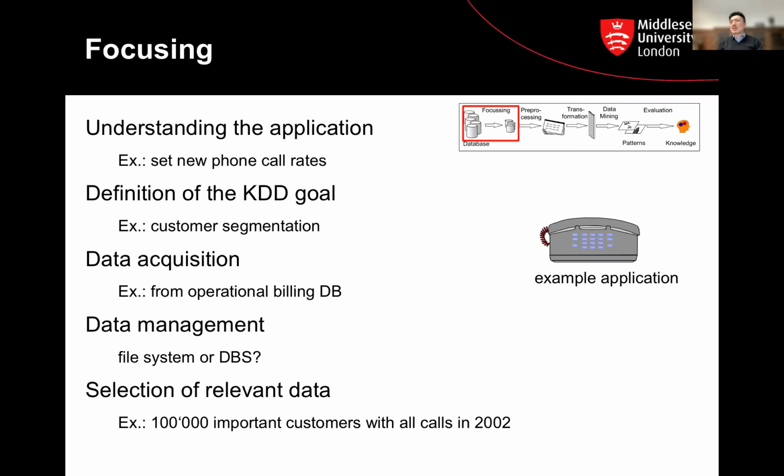Okay, and so this is an example of this process. And the first part is to understand the application. So this is almost like, if you remember the what, how, and why model, this is the why part. Why do you want to analyze the data? So in this case, we want to set a new phone call rate.